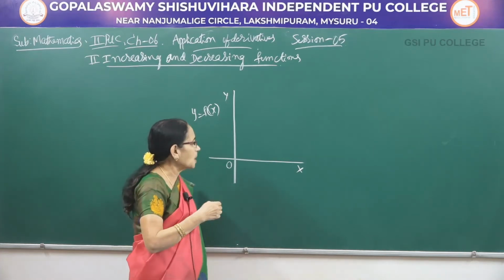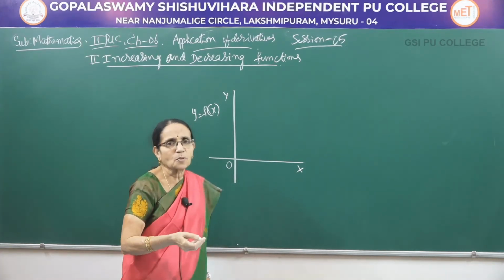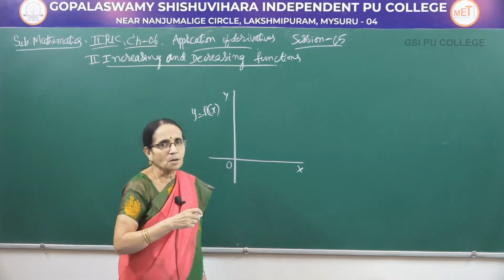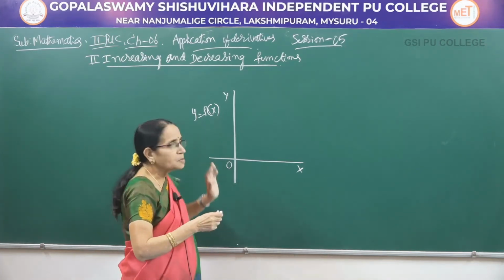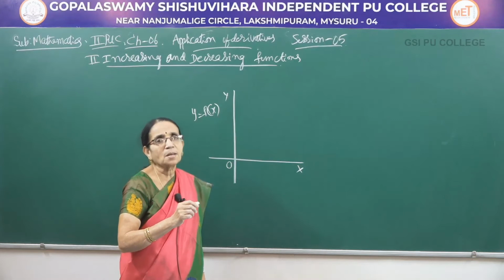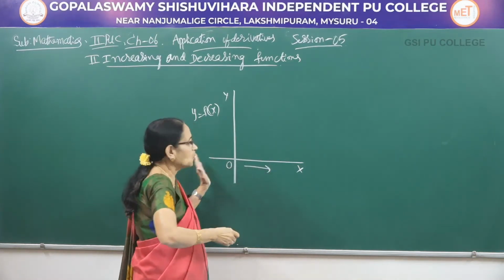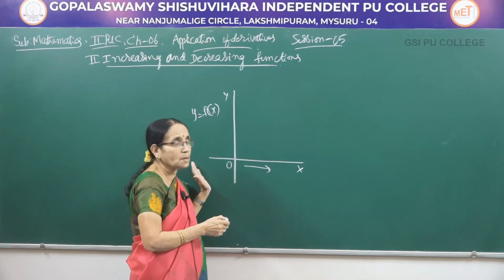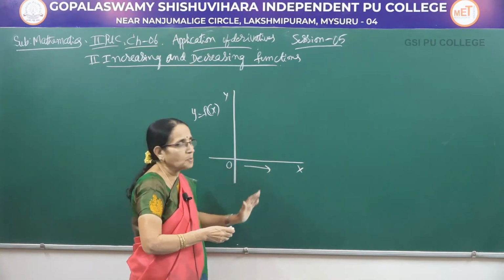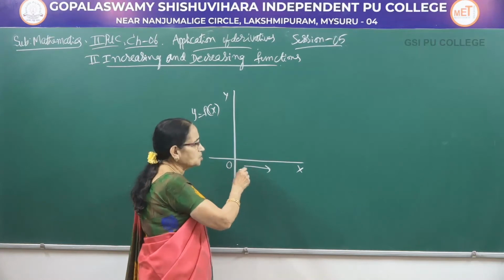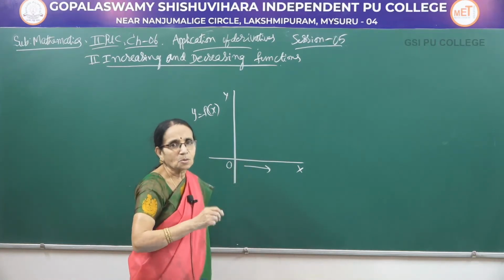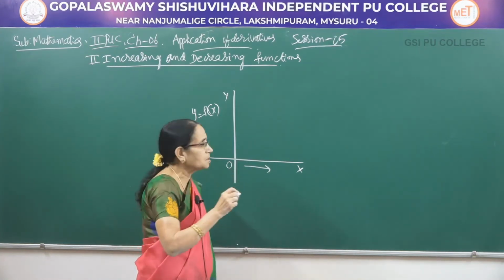As and when we give values for x, we get values for y also. Let me give values for x in an increasing order, that is in this direction. If you go backwards, the values of x would be decreasing; to the right it would be increasing. So, give the values for x in the increasing order.